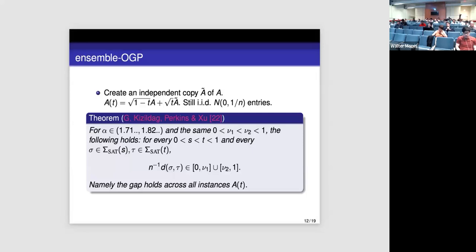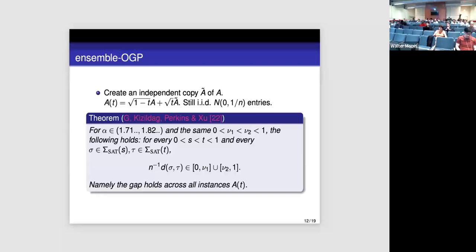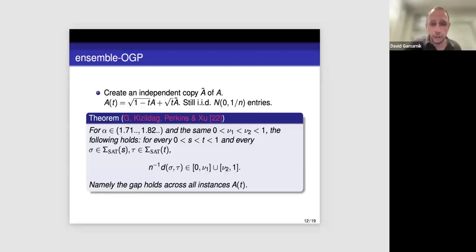As it turns out, this property that I have described holds not only for the single instance A, but it holds across the entire flow. What it means is that for the same parameters mu1 and mu2, for every time s and time t between 0 and 1, and for every solution in the instance indexed by s, and any other solution indexed by time t, the same property holds.